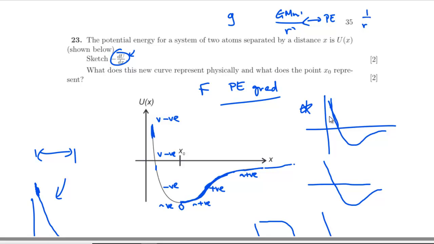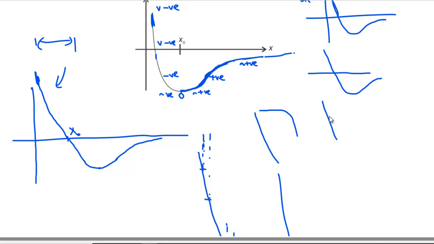So what have I got here? What we're saying here is that this represents force, the new curve, and the point x0. So we've got 0 force, because this is now where we're cutting the axis, on our new force versus distance graph. Here we're saying we've got no potential energy gradient, we've got no force, it's an equilibrium point.